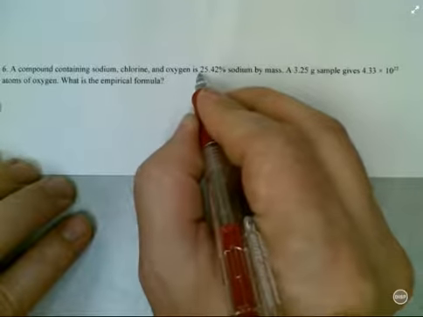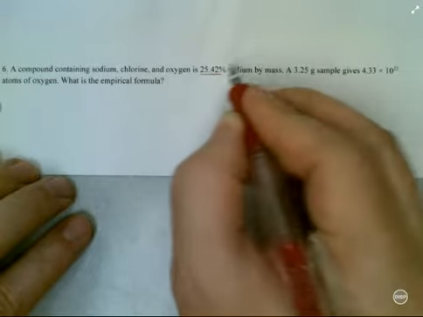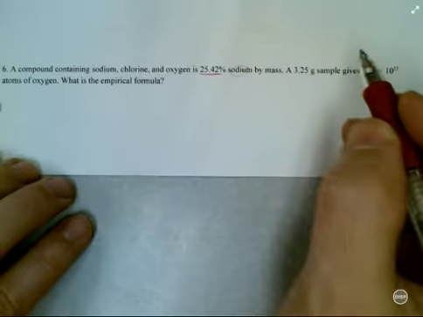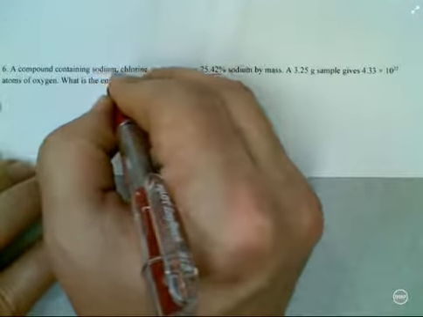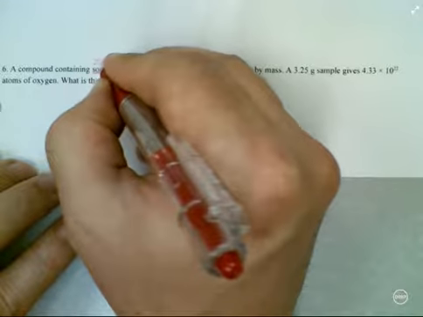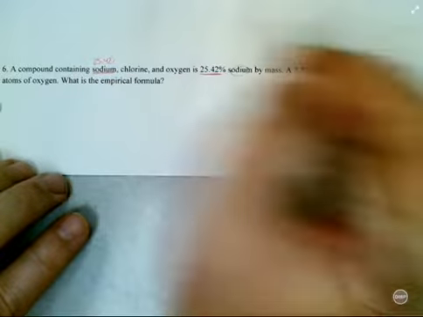Okay, and obviously, I wouldn't ask you an impossible question. All the questions I give you are designed to be thought out. So you're going to have to think this one out. Because, as you can see, we've only been given 1 percentage, and that's due to sodium. So we know what sodium's percent is. That's 25.42%.